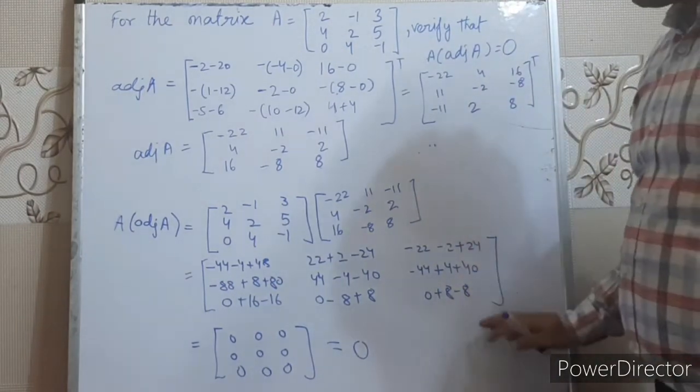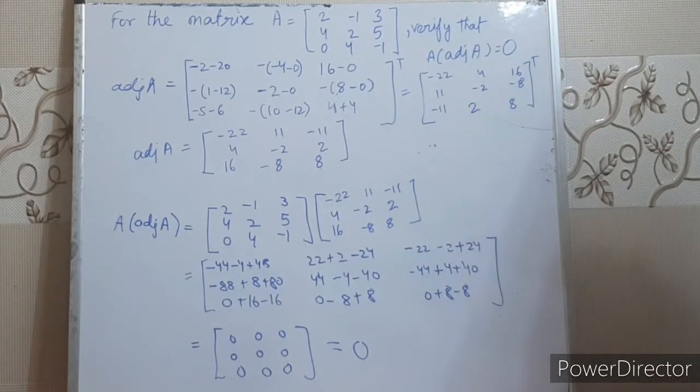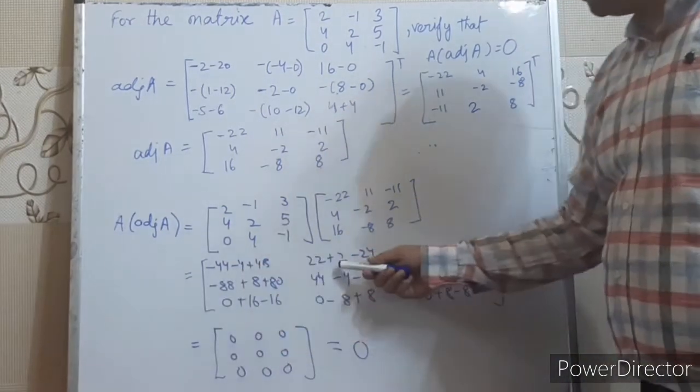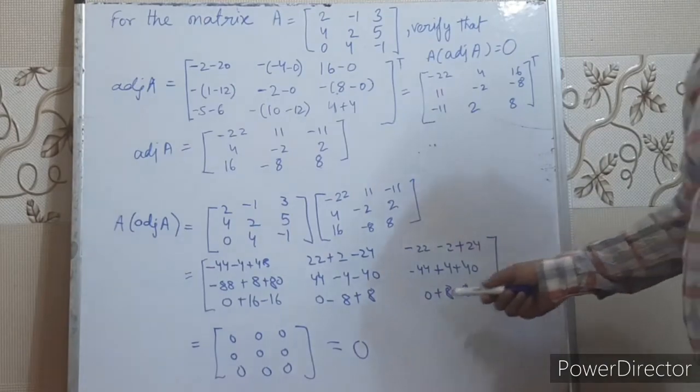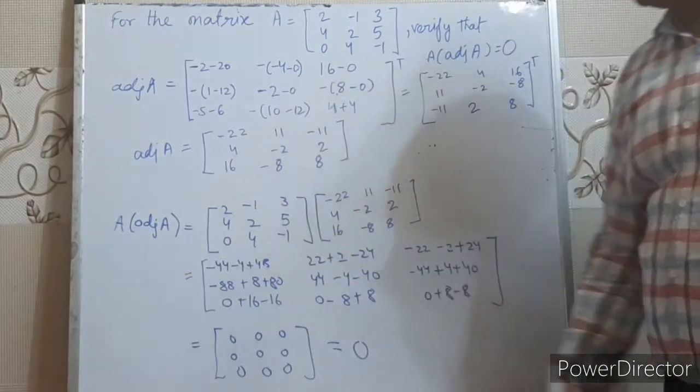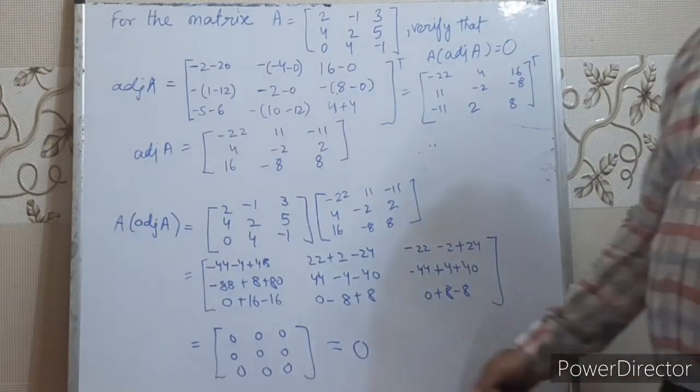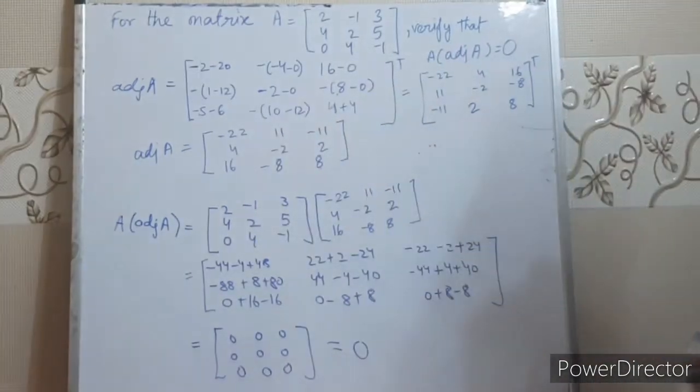Similarly you can calculate the remaining elements by multiplying rows and columns. And when you add these elements, we get all the terms as 0. So when all the terms in a matrix are 0, that matrix is a null matrix. Right, children? Please note down.